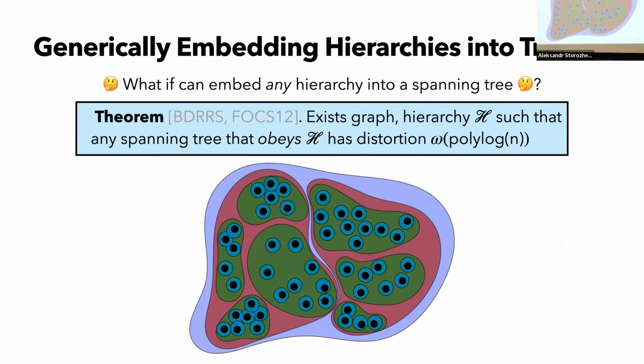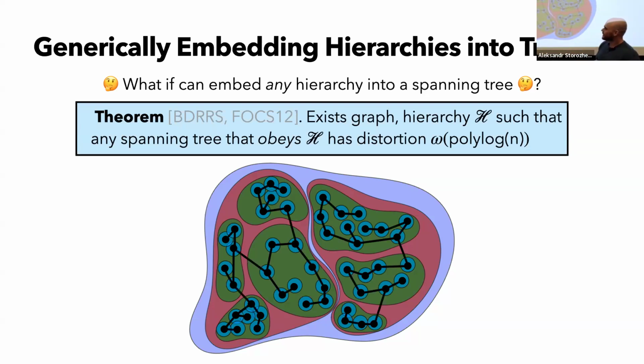So you have no hope of constructing a tree embedding of this hierarchy that looks like the following: connected on the green stuff, then connected on the red stuff, and connected on the purple stuff. Notice that this tree obeys the hierarchy in the sense that if you look at, say, this red part, the tree induces a connected graph on the red part. So that looks scary.